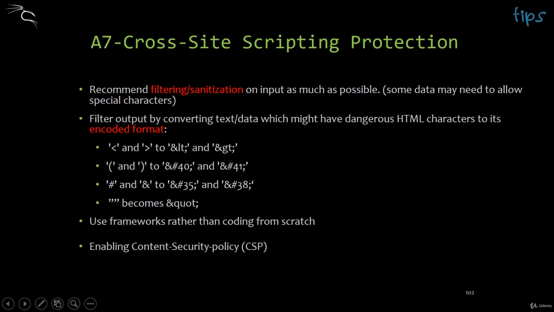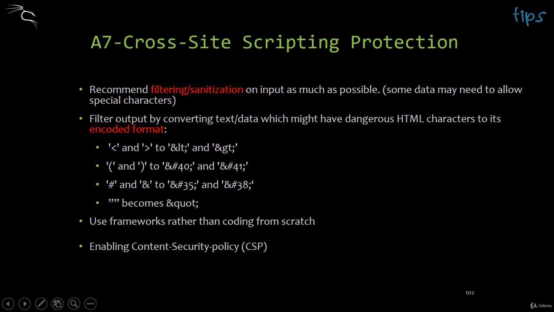Now, how to protect ourselves from these types of attacks? The most important thing is to use frameworks that automatically escape cross-site scripting by design, such as the latest .NET framework, the latest Ruby on Rails, the latest React.js, etc. It is also recommended to filter and sanitize input as much as possible.